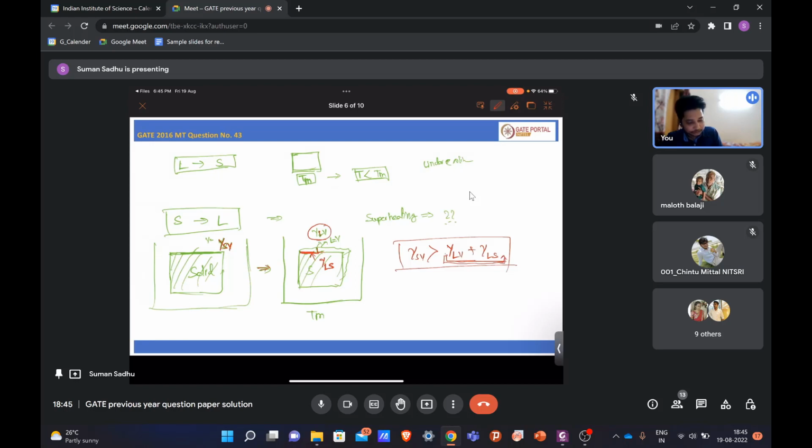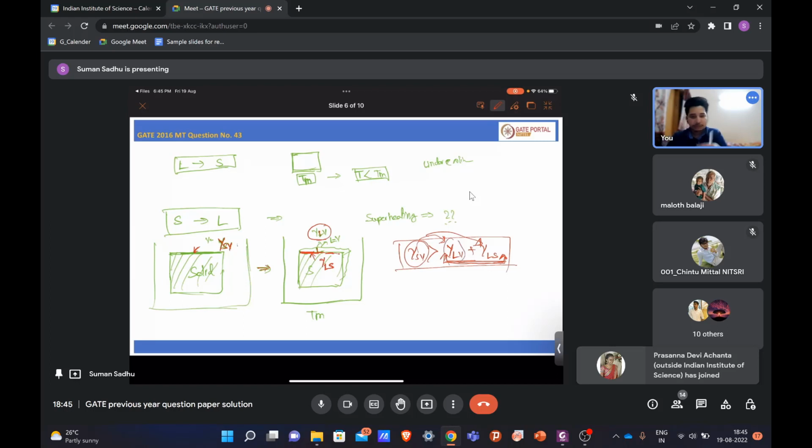It does not require any extra energy to form this kind of surface, because that energy is already associated with the solid-vapor surface, and it is quite higher than the total of these two energies. So that's why when we heat a solid, during melting we don't need any superheating. At the melting temperature itself, that solid will start to form a liquid.